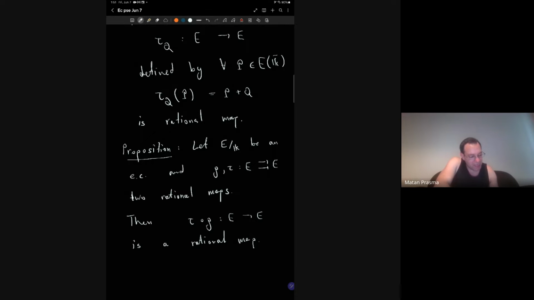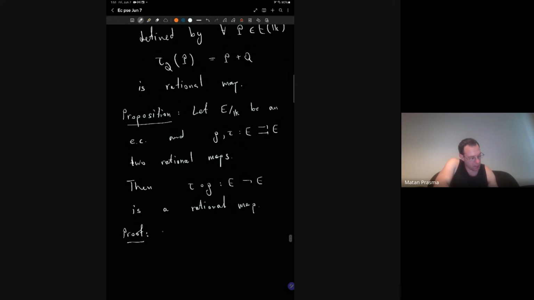I didn't exactly define how to compose rational maps, but I will do it in the proof. It's going to be very easy. You just substitute. So let's say that rho is (r, s), and tau is (u, v).